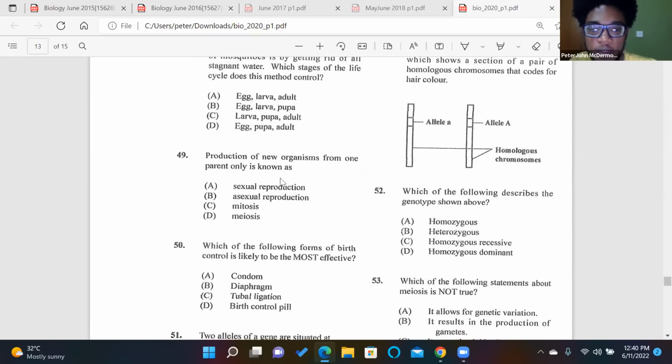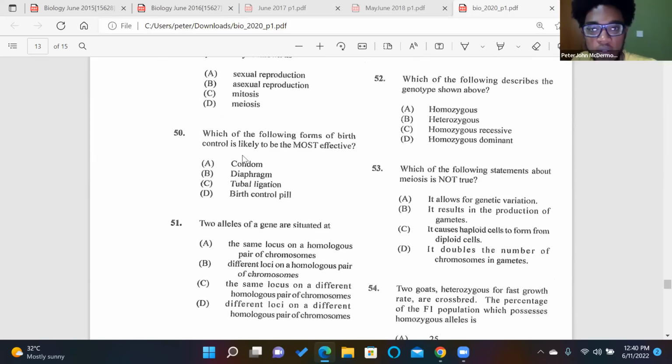Production of new organisms from one parent only is known as B. Which of the following forms of birth control is likely to be the most effective? A. Think again. C. You know what tubal ligation is?